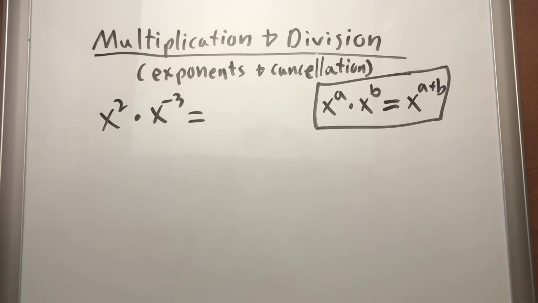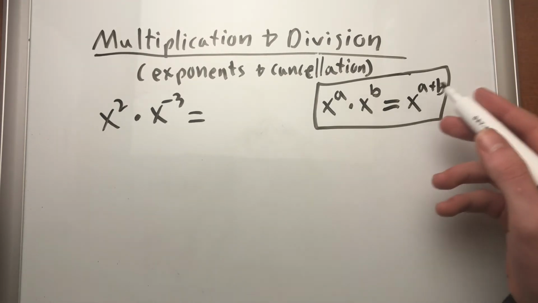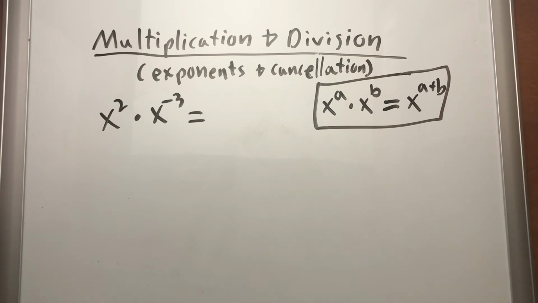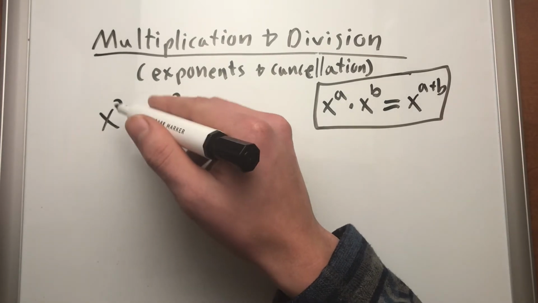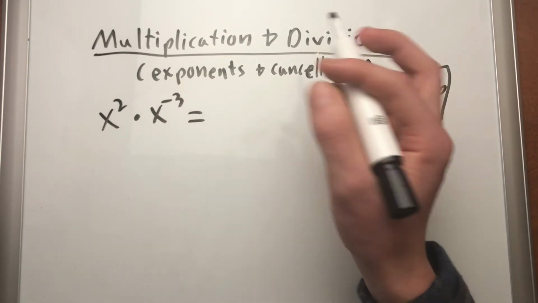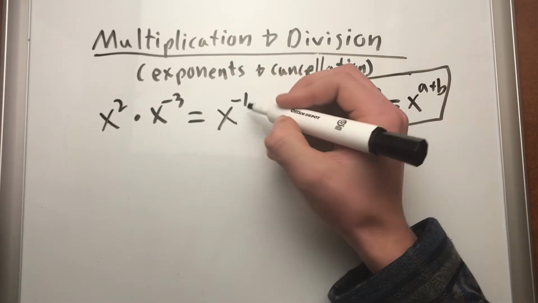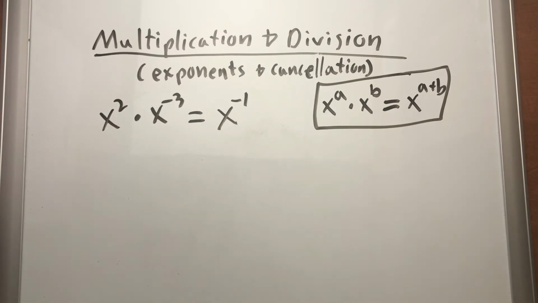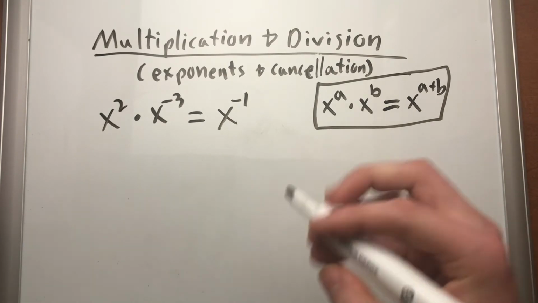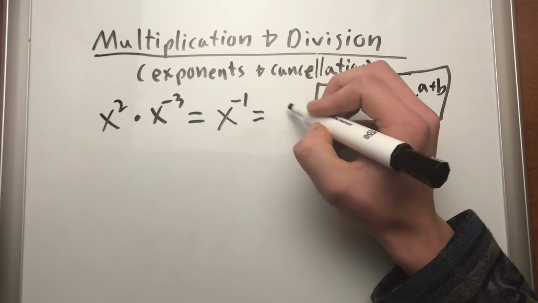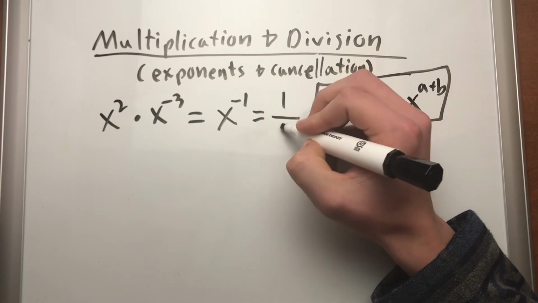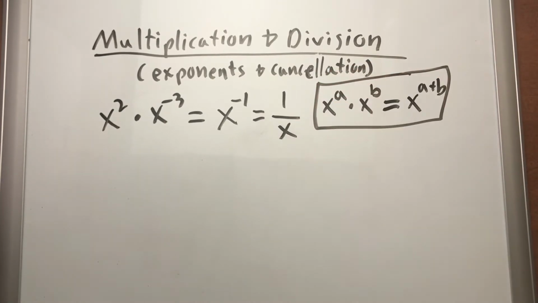Well, according to our rule, we just add those exponents together. 2 plus negative 3 would give us negative 1. Now, how can we rewrite x raised to the negative 1? Well, we rewrite it as 1 over x.